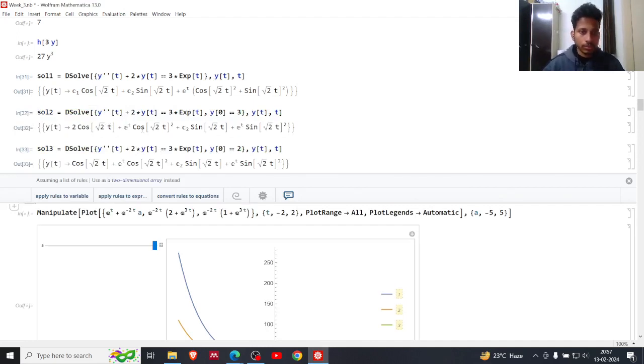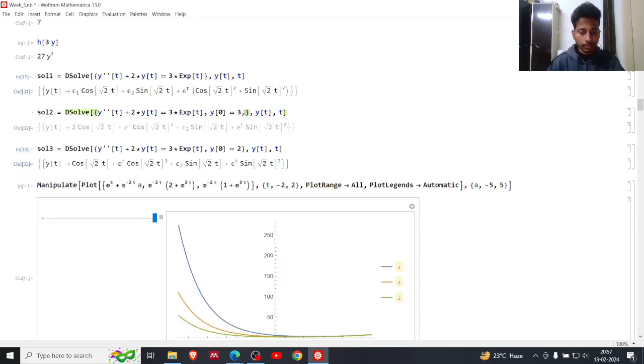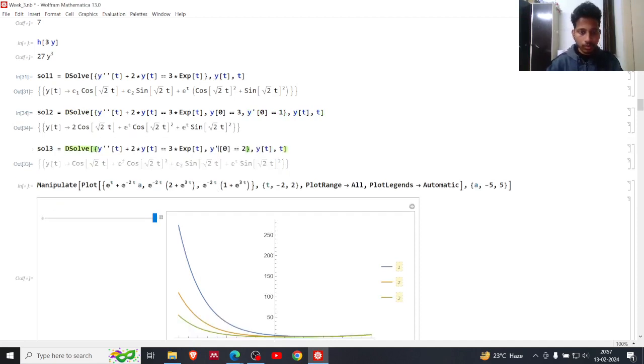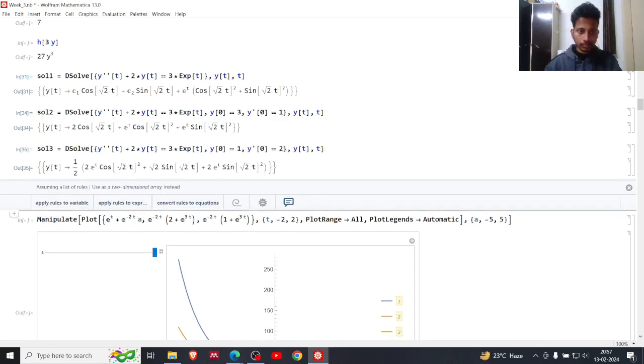Okay, so we generated these things, but here we can use another thing, that is y dash 0 equal to 1. So this is the second order differential equation solution.